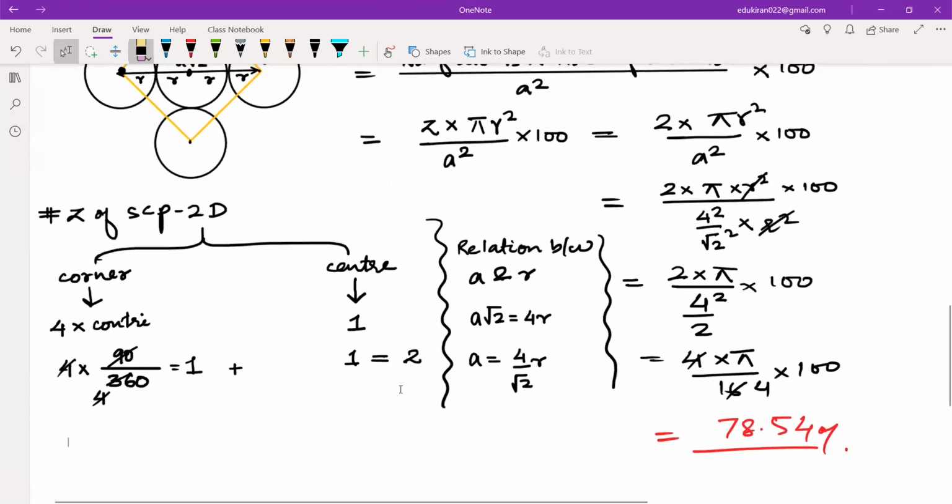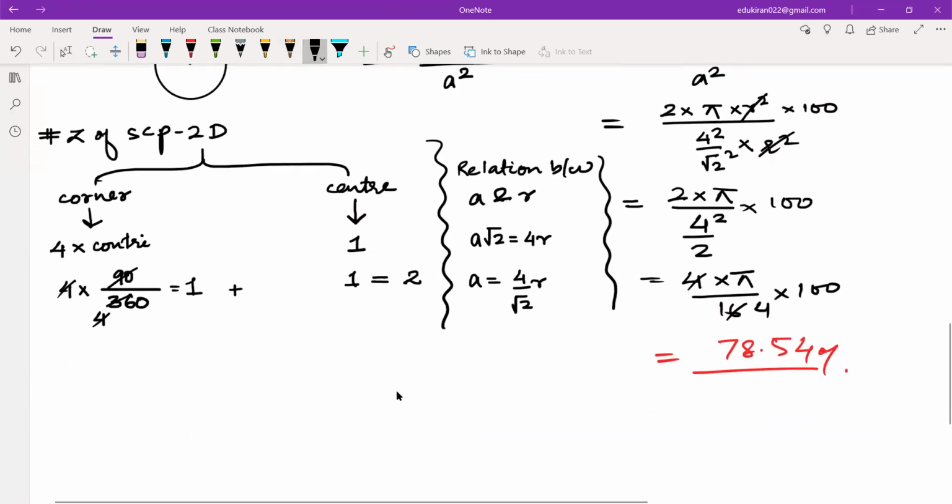Okay, so the next thing you have to write is the packing fraction, which will be equal to 0.78. You can write that. Then you will tell me what is the void percentage. What is the void percentage?